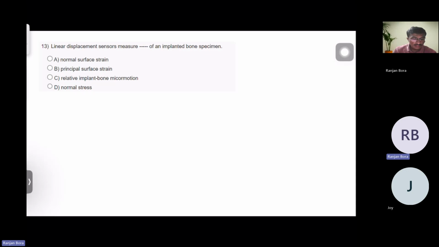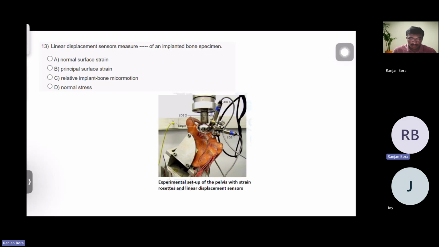Now next question is linear displacement sensors measure dash of an implanted bone specimen. With the help of linear displacement sensors, like in this figure, you can see here is one linear displacement sensor, and here is one, and here is one.